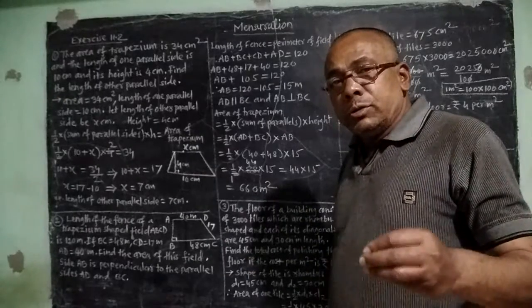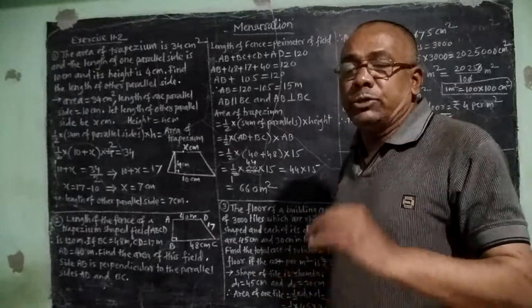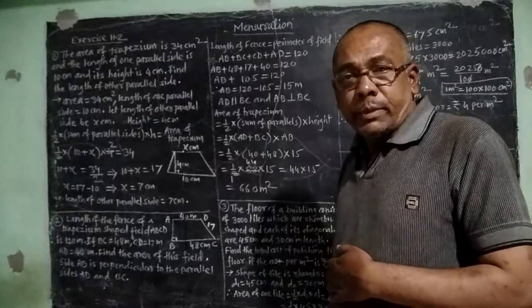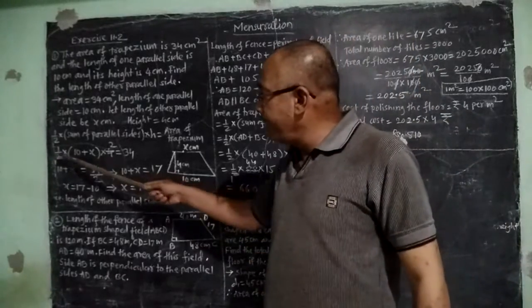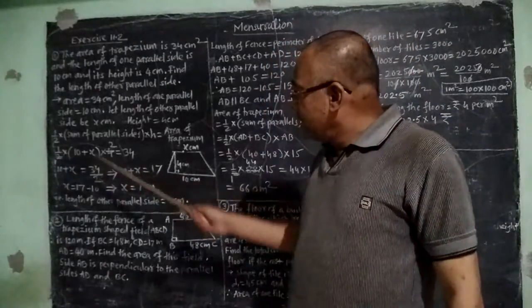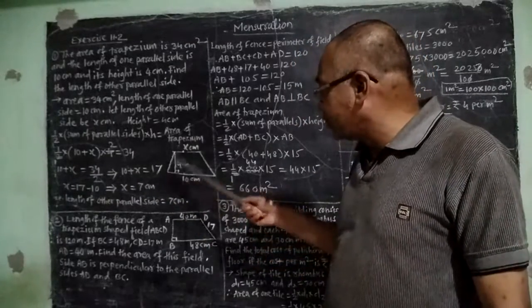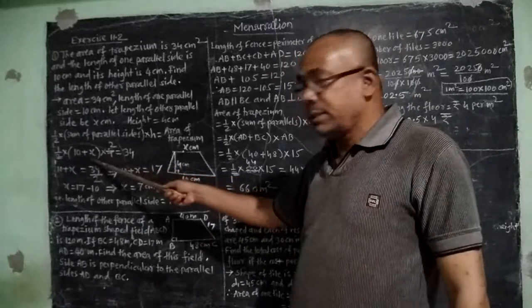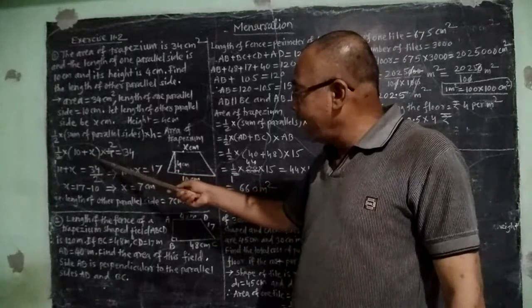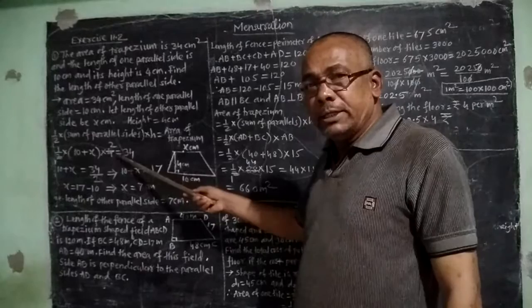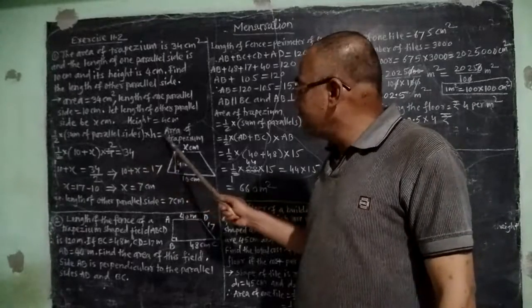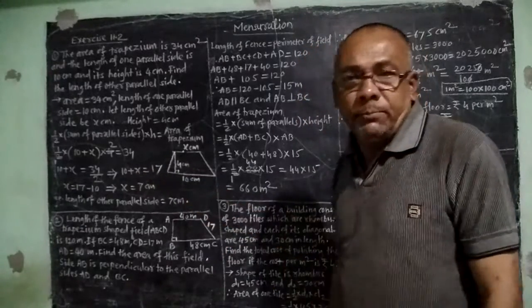Now substituting the corresponding values into the formula, that is 1/2 into (10 plus x) into height 4, and that is equal to 34. Means area of the trapezium is equal to 34.